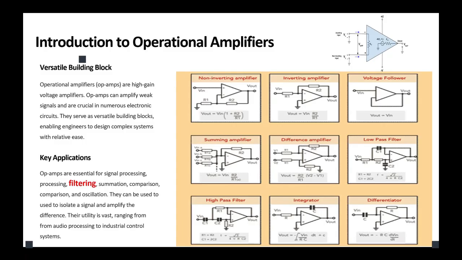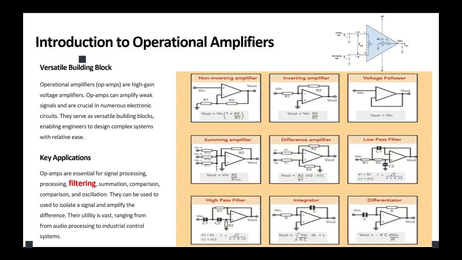The operational amplifier is a high gain voltage amplifier. That means it takes a small difference in voltage between its two input terminals, amplifies it, and outputs a much larger voltage.